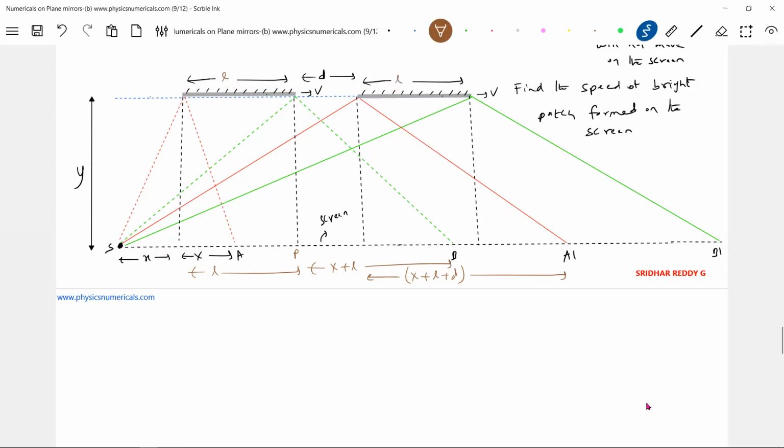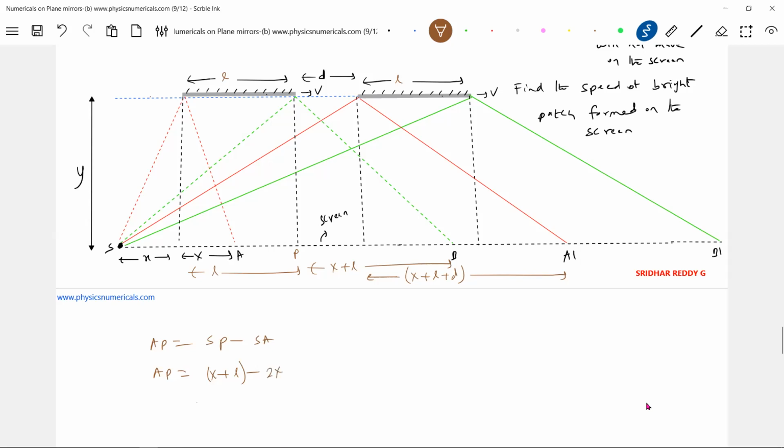So many different symbols. This will be X plus X, so this will be 2X. So this distance is SP, or we'll do one thing. AP is SP minus SA. What is SP? SP will be X plus L. What is SA?